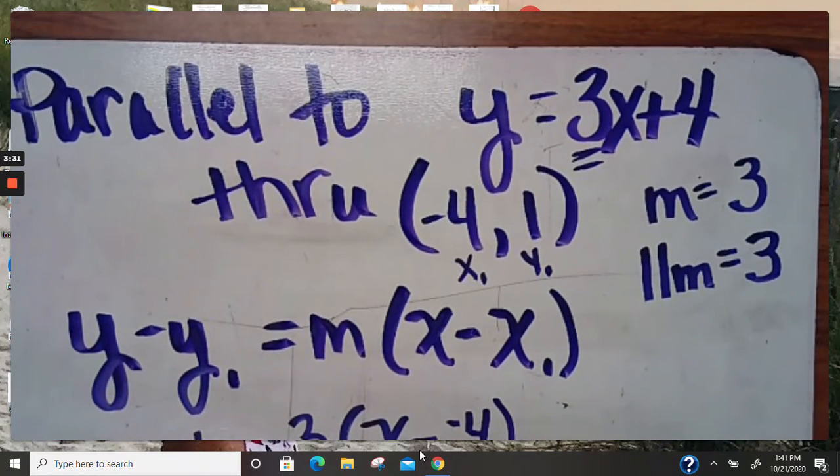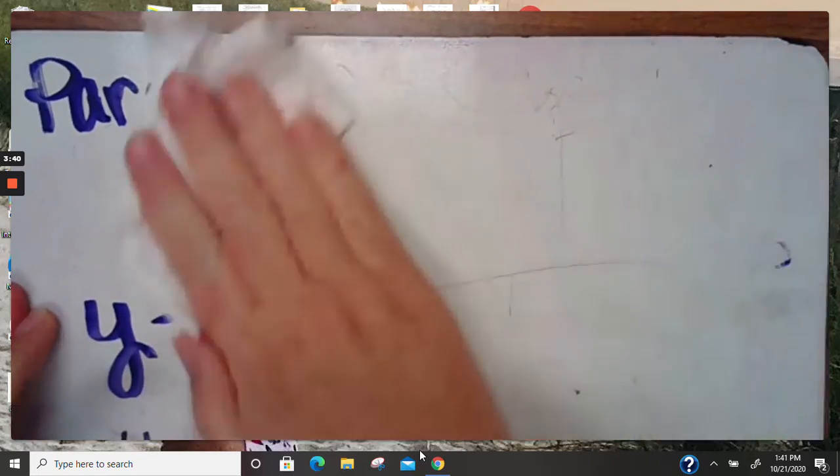Now what if I want it to be perpendicular? I want the equation of a line that is perpendicular to this line.